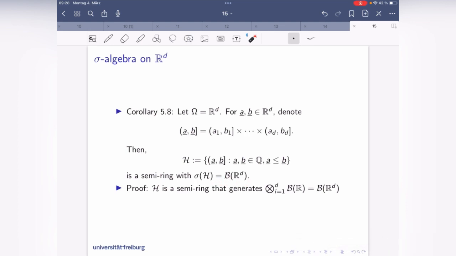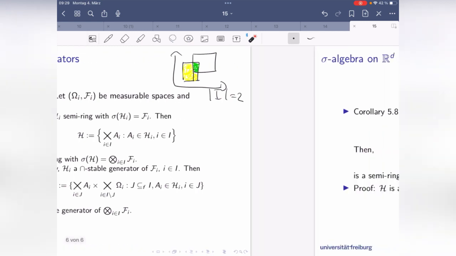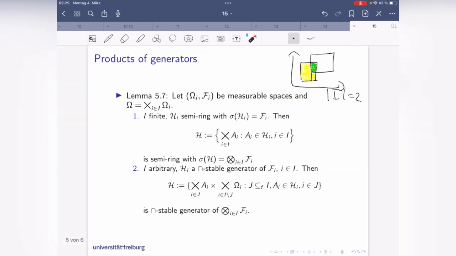Because all these elements, say half open intervals, generate the sigma algebra on R. They're cap stable, and they then form an intersection stable generator of B of R. And they are also semi-rings. So the proof is a one-liner here. H is a semi-ring that generates the sigma algebra you're interested in, and use this lemma here.